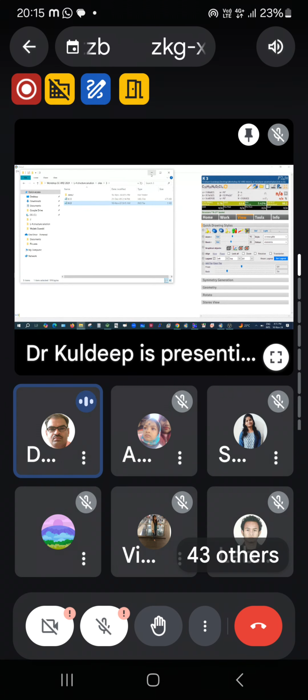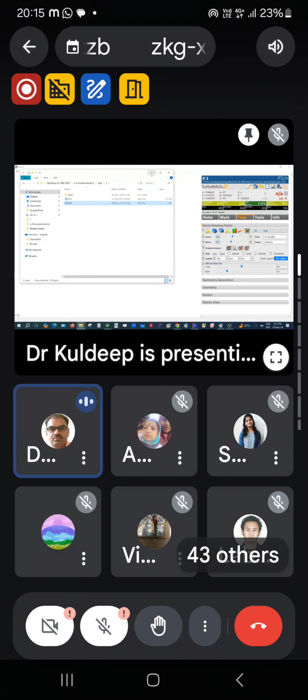Sorry to interrupt, sir. In my system, when I drop down this program option, it is not showing any SHELX programs. It is showing only OLEX2.refine. Yes, because you do not have the SHELX programs. They are already set in the Google Drive.